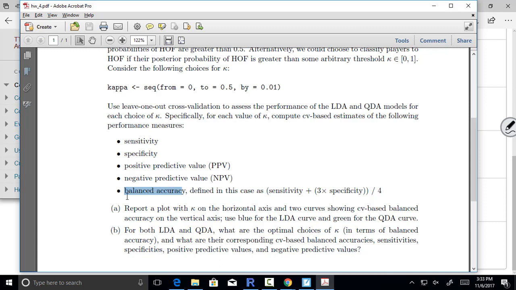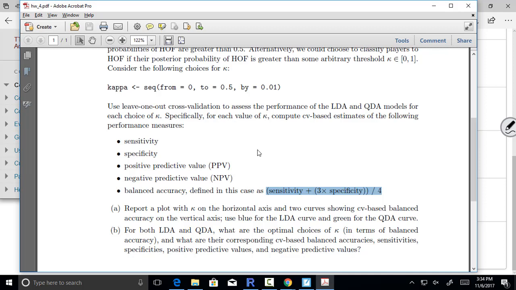I'm specifically asking you to use a custom weighted average for the balanced accuracy. So instead of just sensitivity plus specificity divided by 2, I want you to upweight specificity. I've played with these data quite a bit, and the specificity is where most error happens.